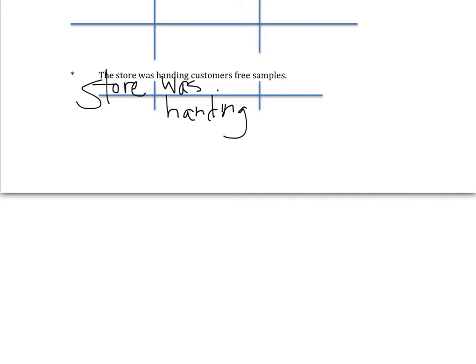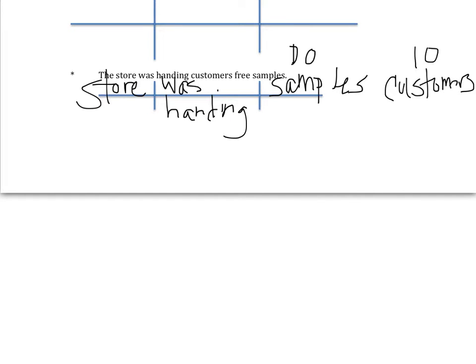What was getting handed at the store? The customers weren't getting handed anything, meaning the store wasn't handing customers over. The store was handing samples over. That's your direct object. To whom were they handing the samples? To the customers. So that is the indirect object.